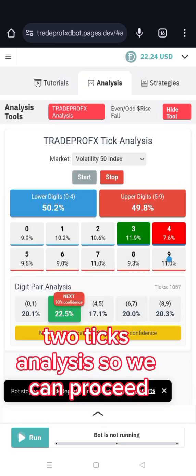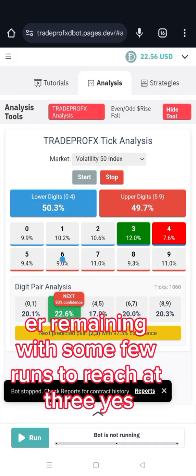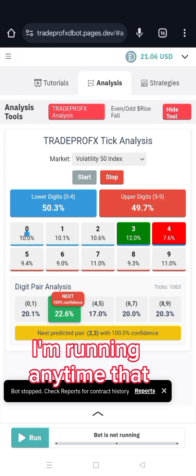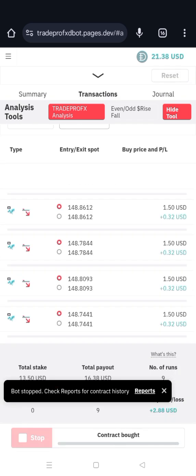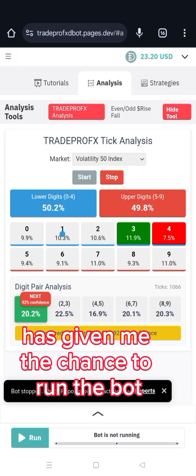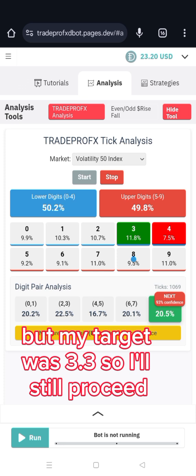So we can proceed. You can see we only have a few runs remaining to reach 3. Yes, 2.54. So it's very easy. You see, whenever I'm running, that entry point has given me the chance to run the bot. So at 3.20, if you wanted, but my target was 3.3, so I'll still proceed.